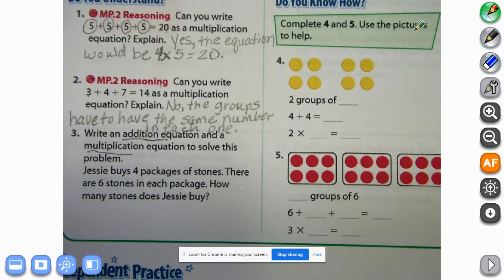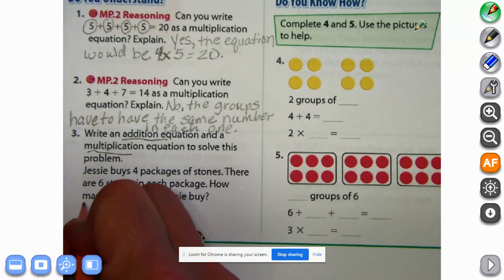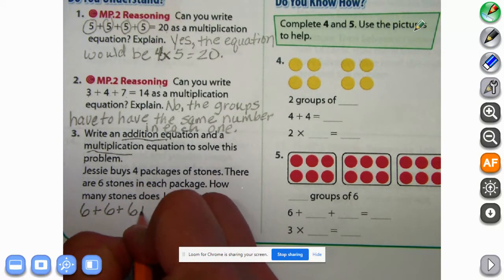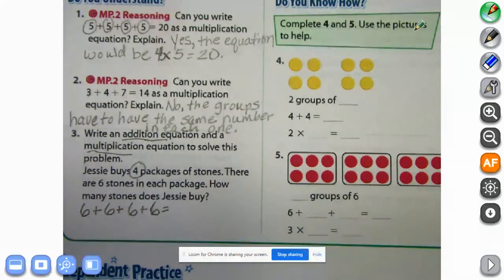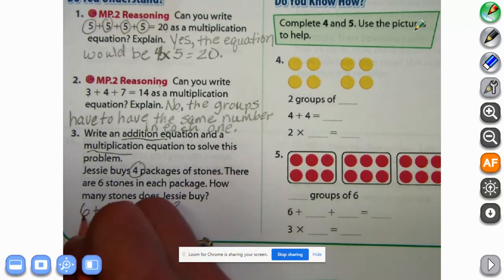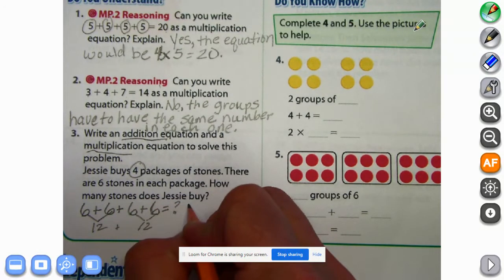So if we're doing an addition problem, we have 1 bag of stones plus a second bag of stones plus a third bag of stones plus a fourth bag of stones right here. 4 packages. Okay, and we need to get the sum. We have a question mark here for the sum. So 6 plus 6 is 12, and 6 plus 6 is 12, and 12 plus 12 is 24.